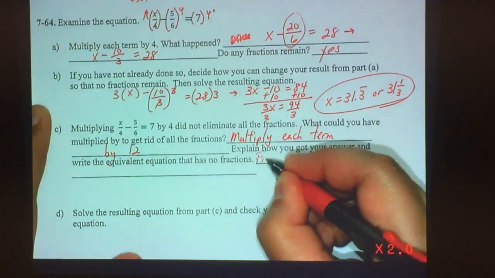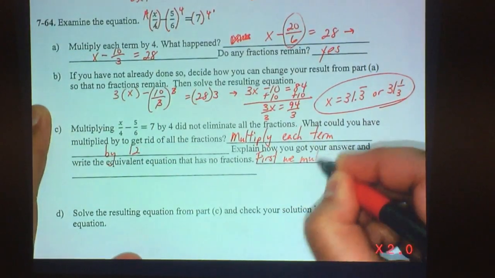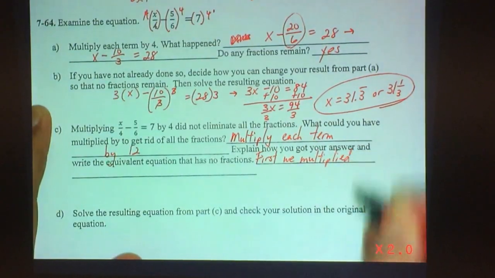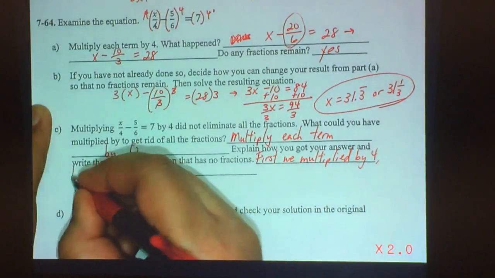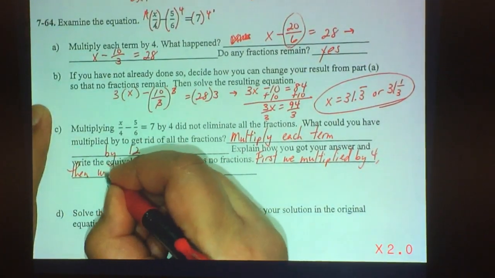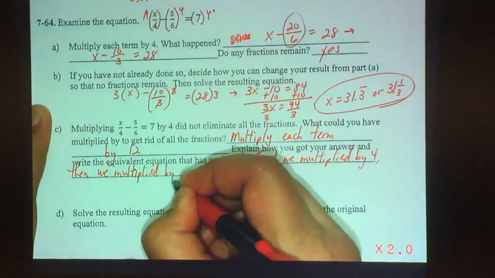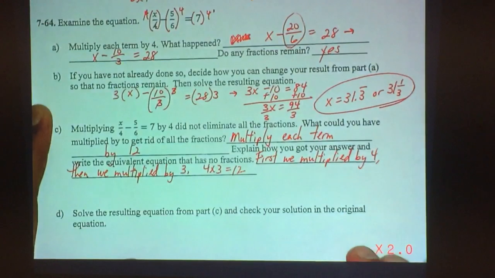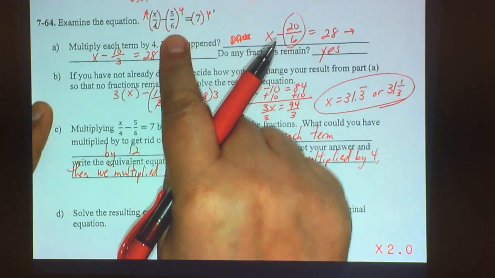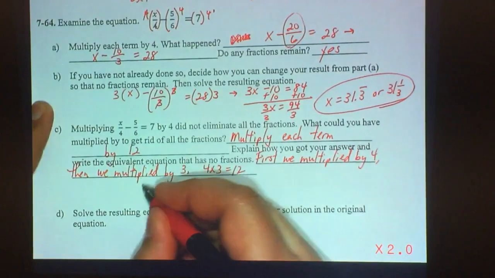So first we multiplied by 4, then we multiplied by 3. 4 times 3 equals 12. Okay, so now we want to take the original problem again up here and multiply each of the terms by 12. So I'm going to write my original.